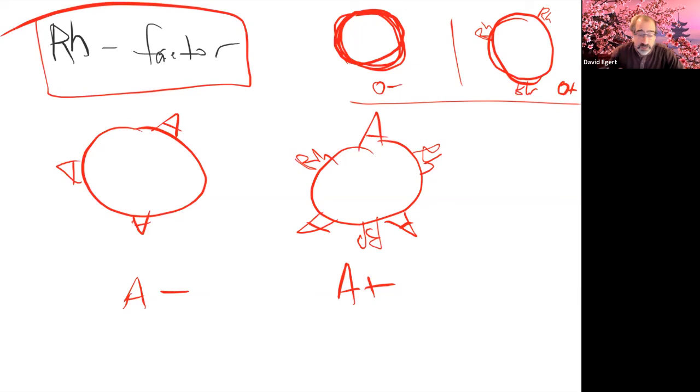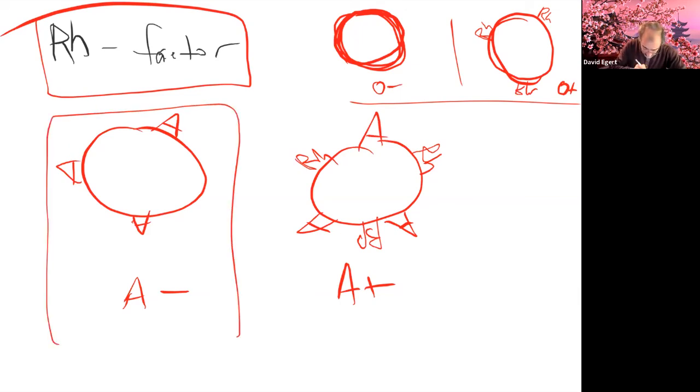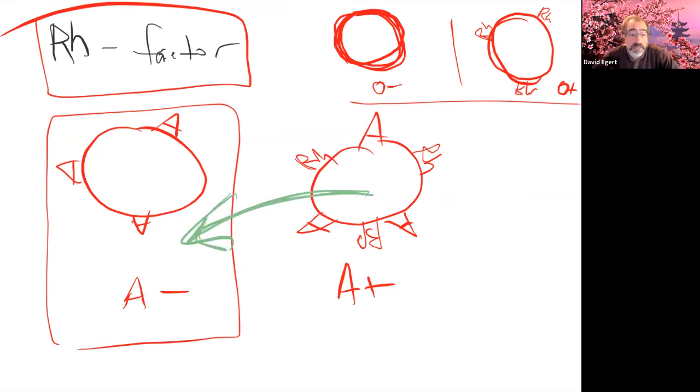antibodies if you're negative. Like this person here doesn't necessarily have anti-Rh antibodies. So you could actually donate this blood to this person the first time and it would be okay. So you could do this once.